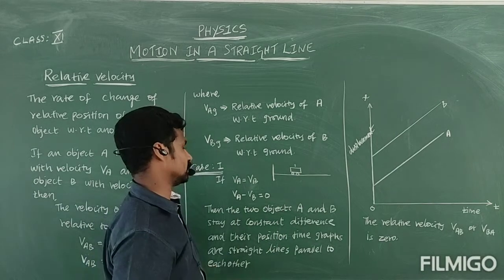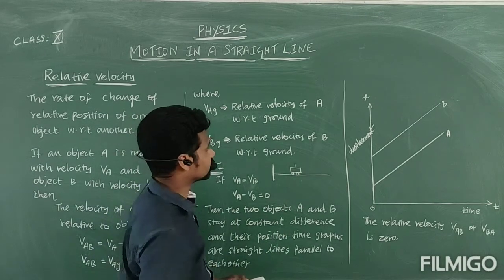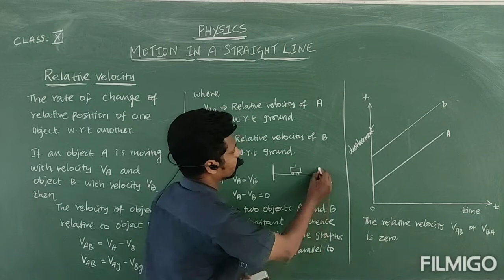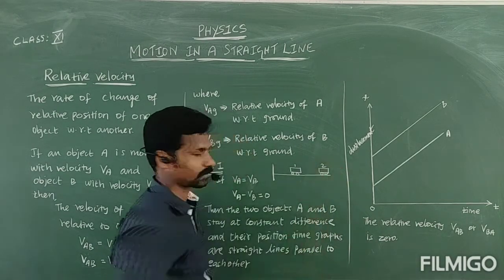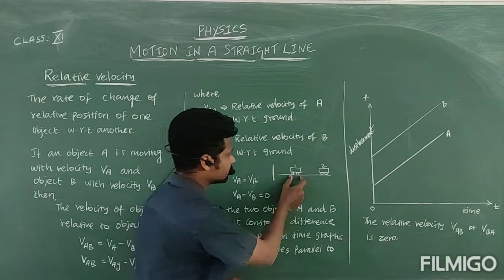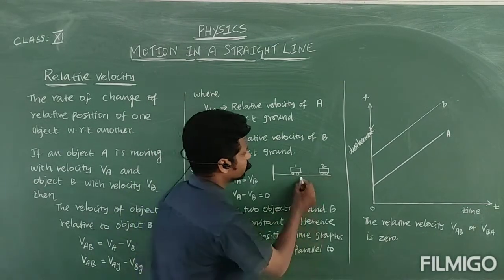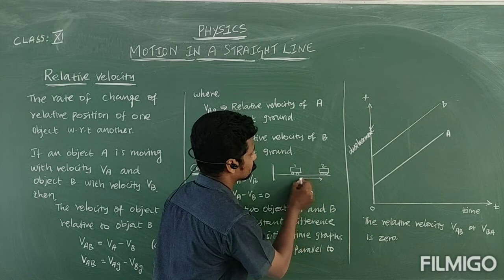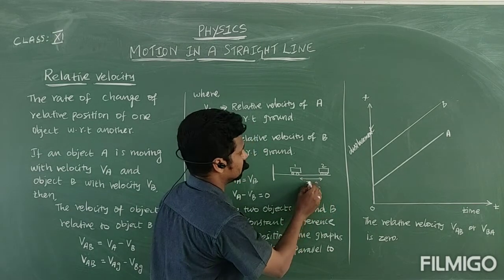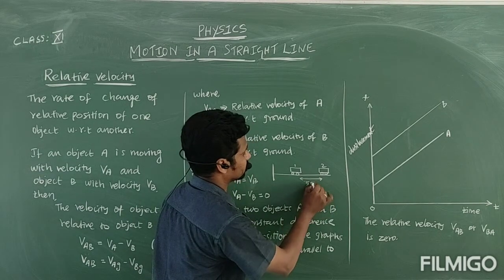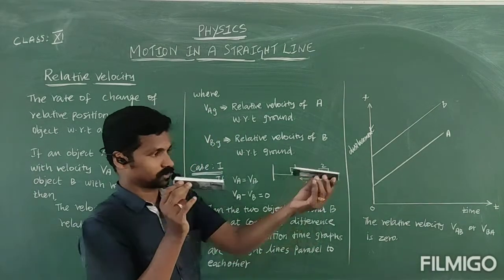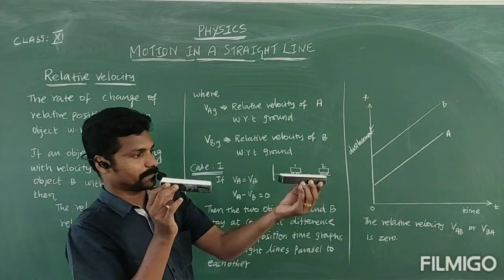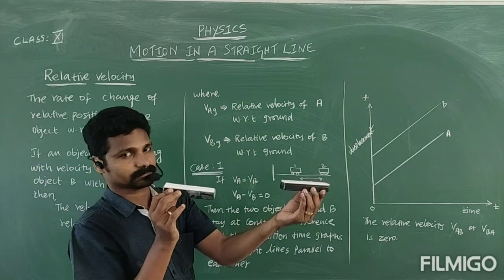Then one more car is there, car 2 is here. Now car 1 is here and car 2 is here. In between the two cars, for example, there is a 5 meter gap.